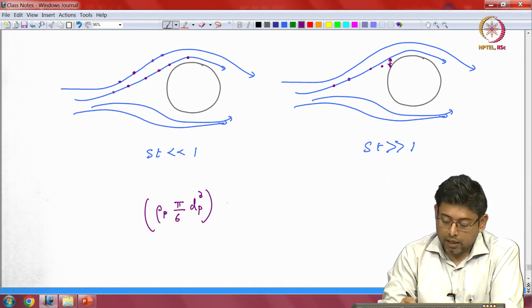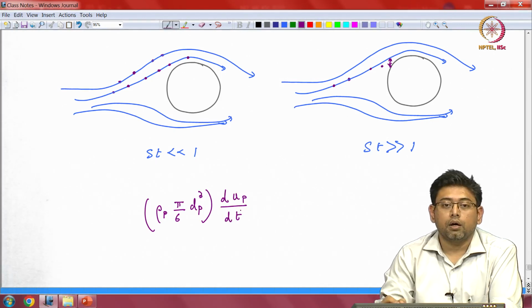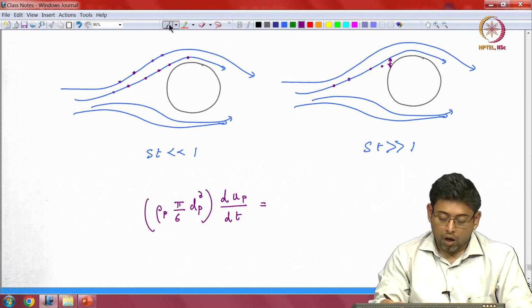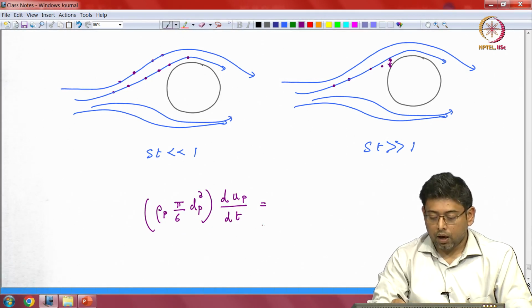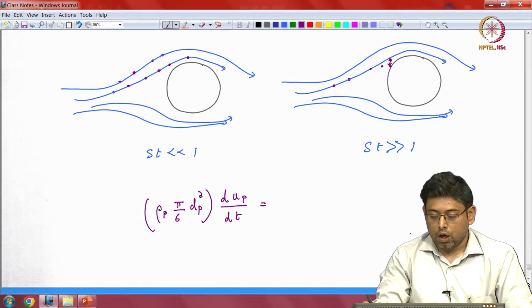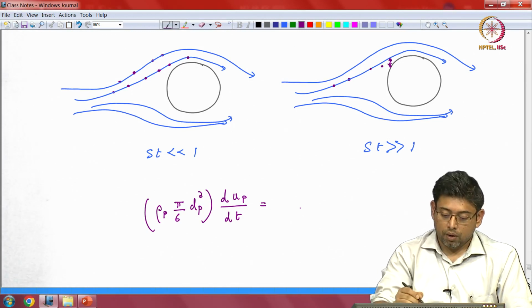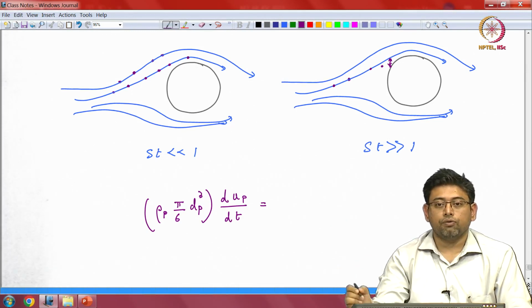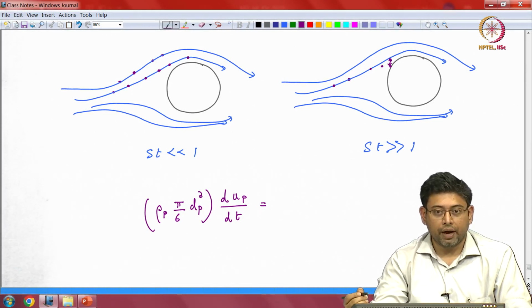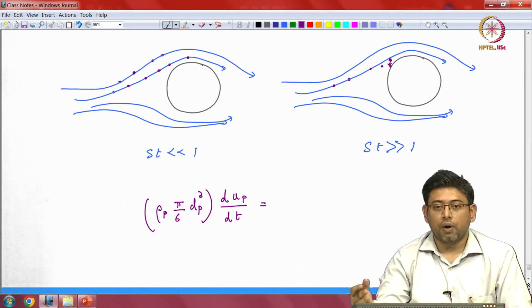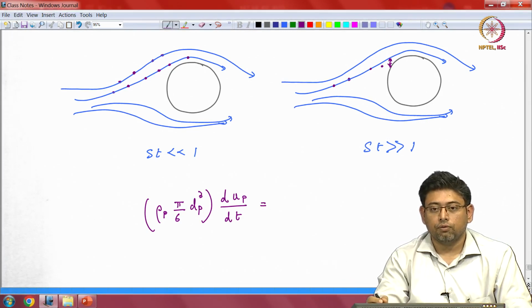This is your mass, and I have to now multiply it with du dt, which is my acceleration, right. Okay, so this is my ma part. On this side now I have to write the force. So what is providing the force for making my particle move along with the fluid flow? It is the fluid drag. It's the fluid drag which entrains the particles and makes it move along with the fluid flow, right.